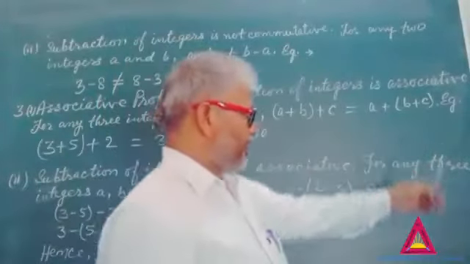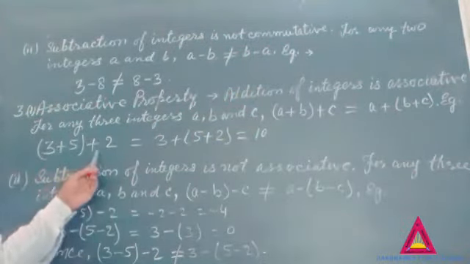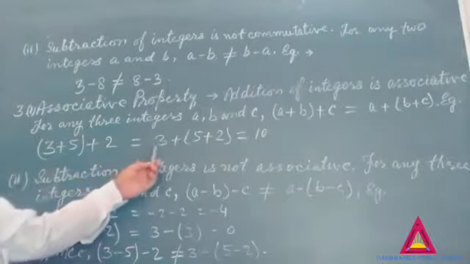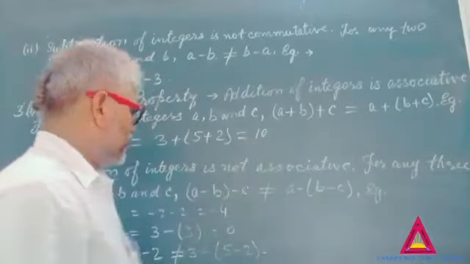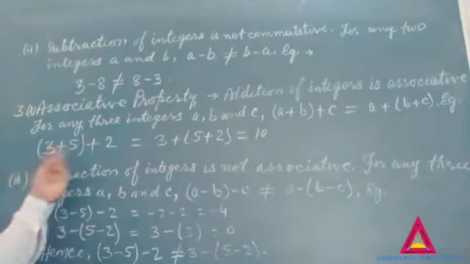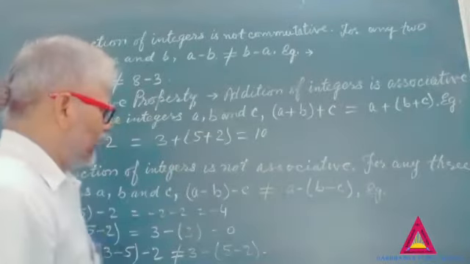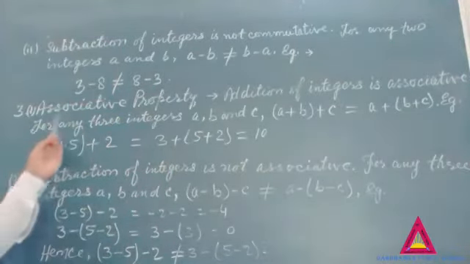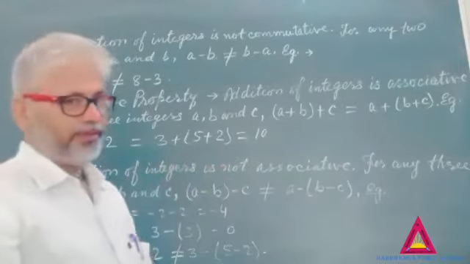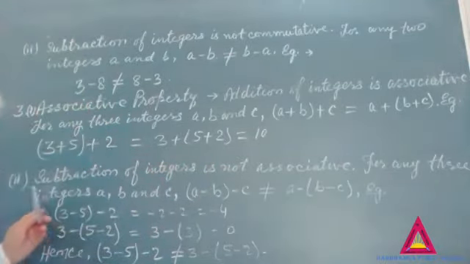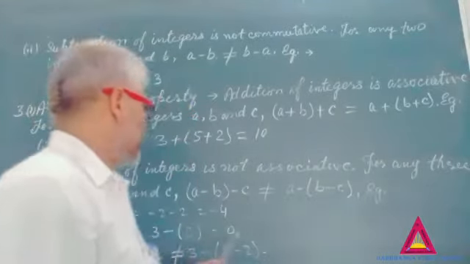For example, (3 plus 5) plus 2 is equal to 3 plus (5 plus 2). In this case the sum is 10, and in the other case the sum is also 10. So we say that addition of integers is associative, and subtraction of integers is not associative.